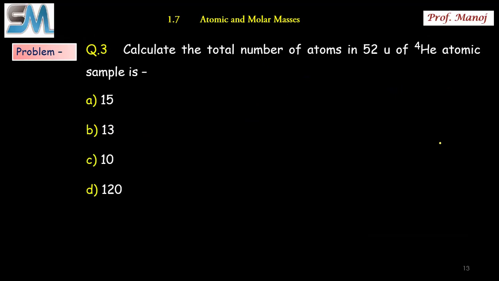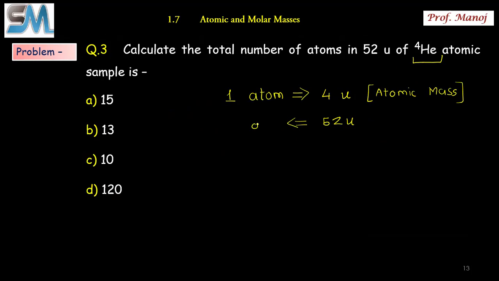Calculate the total number of atoms in 52 U of 4He atomic sample. First of all, from here, what do we understand? We understand one atom has a weight of 4 U. What I'm speaking about is atomic mass because the unit is U. They are asking us, 52 U will contain how many such atoms?